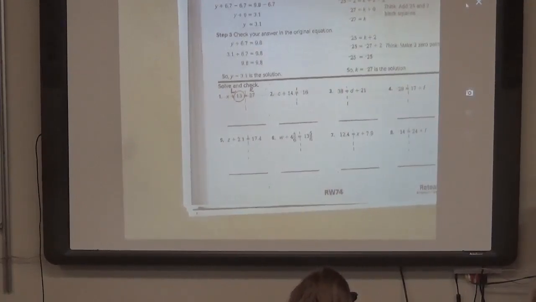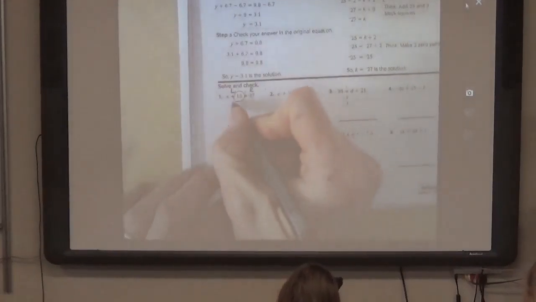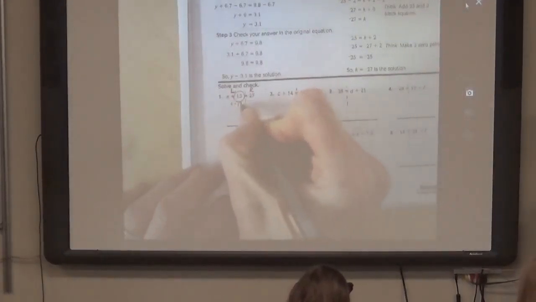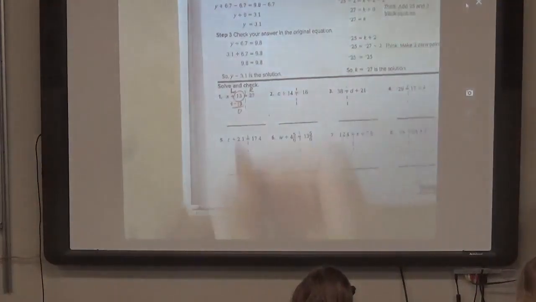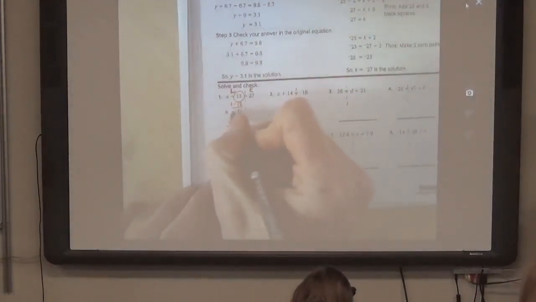How do you get rid of the 13 so you get the x by itself? We say you add negative 13? Yes. You add negative 13. So you have 0. Now on the left side you have x plus 0.